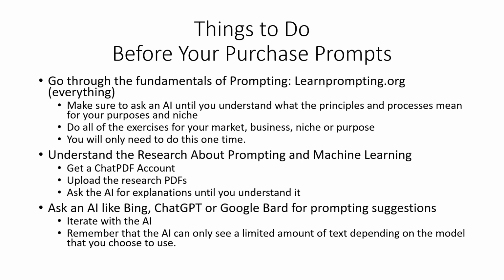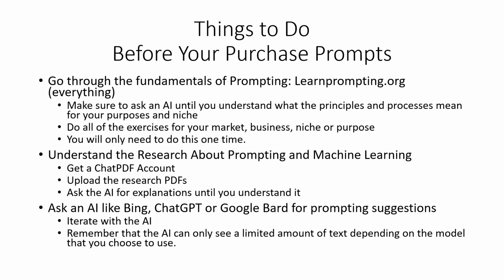You go to the AI, whichever one you use, whatever your favorite is, whatever one you're using right now that's giving you the results you need. You go to that AI and you ask it, what kind of prompts do I need in order to undertake this thing that I'm doing?